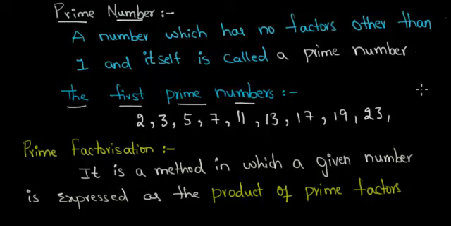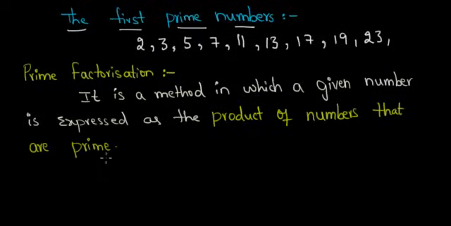Let us take an example. Here we have the number 729, and it is a method in which a given number is expressed as a product of numbers that are prime. And we have the list of prime numbers, and we express a given number as a product of prime numbers.